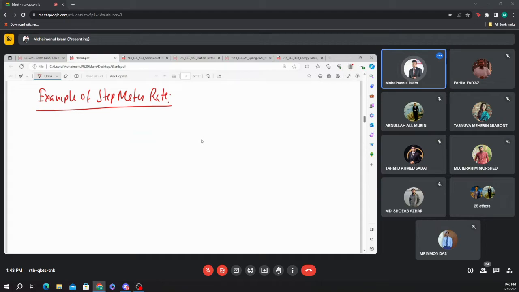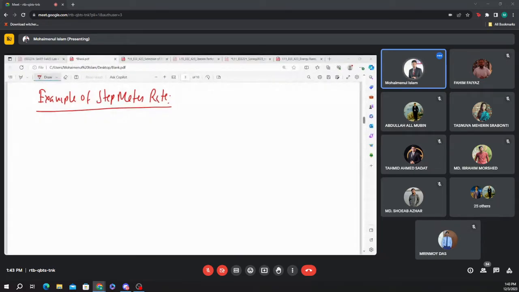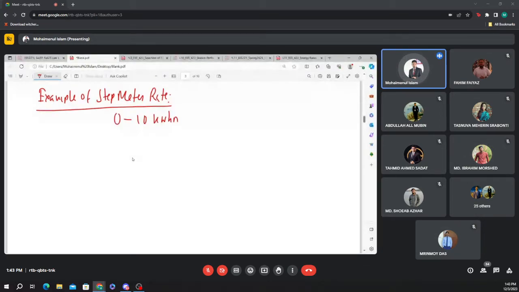For step meter rate, the question is like that. I hope you can see my screen, right? Yes, sir. Suppose if you use 0 to 10 kilowatt hour energy, the price is 10 cents, or we can say 10 paisa per energy.